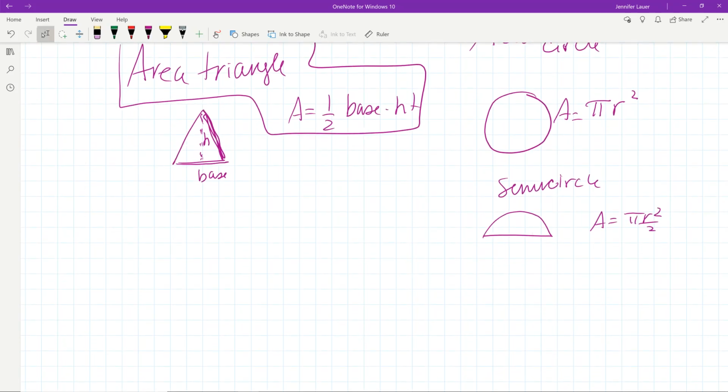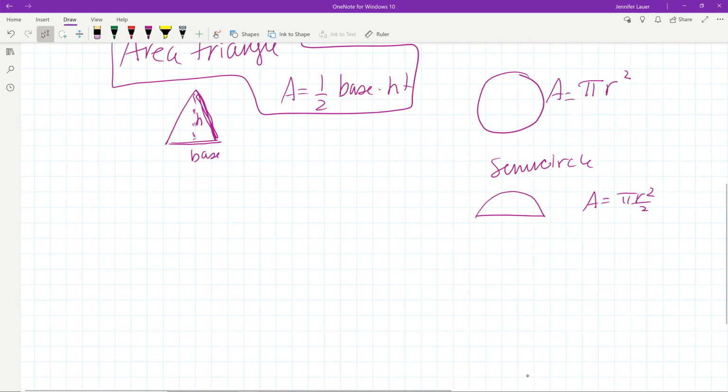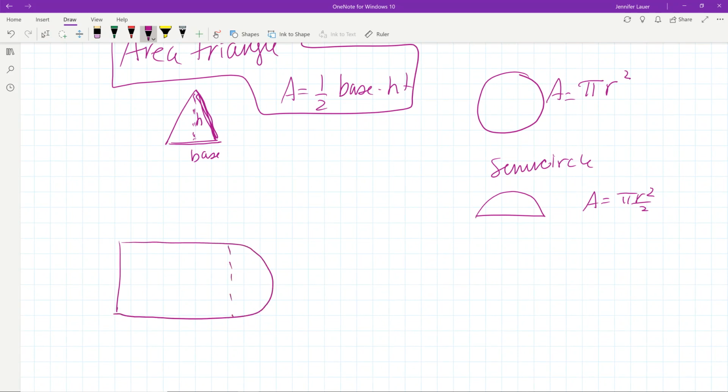We've covered a semicircle. And remember, a lot of times you will get things that have multiple shapes in them. So for instance, let's say I got something that looked like this. Let's say this was 8, this was 3. No, let's make this 6, and this 3.